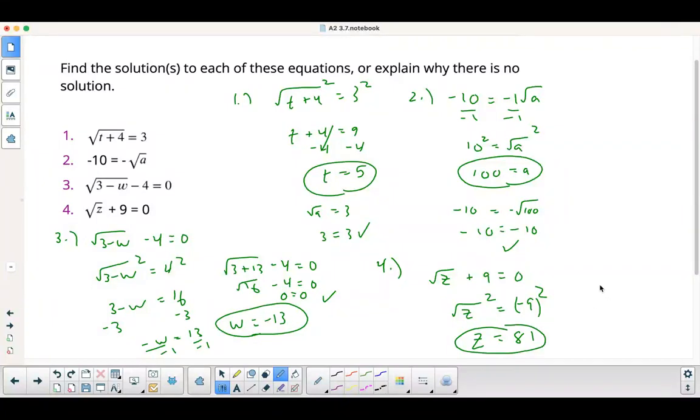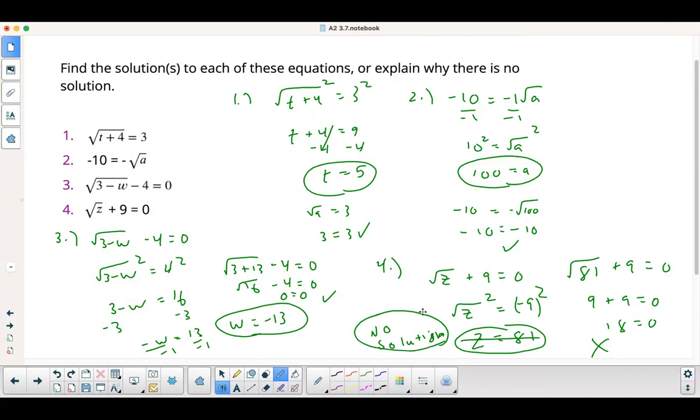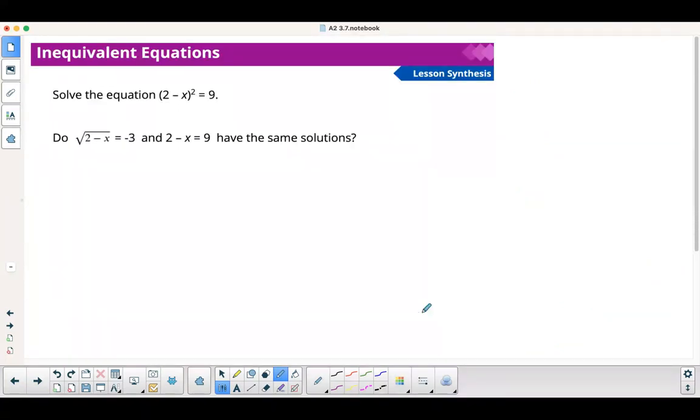But then when I check it, square root of 81 plus 9 should equal 0. But we're going to get a problem here. We're going to get 18 equals 0, which is not good. So this one's going to be a no solution since my solution did not end up panning out for us.